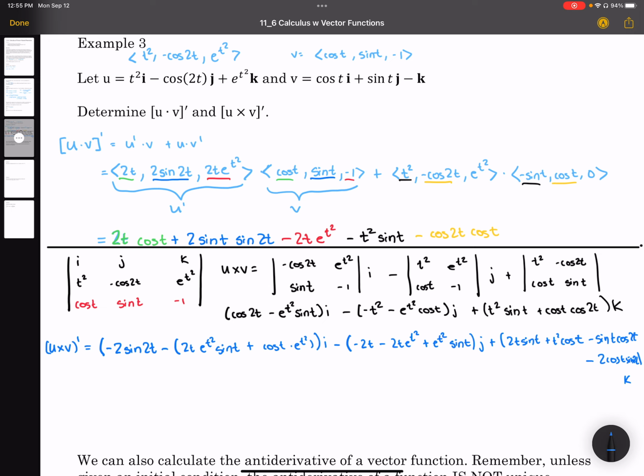So you can see for the cross product, the derivative is quite long. I won't ask you to do anything that crazy in class, but it illustrates the point.